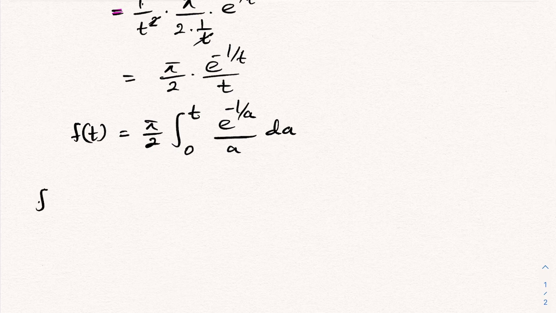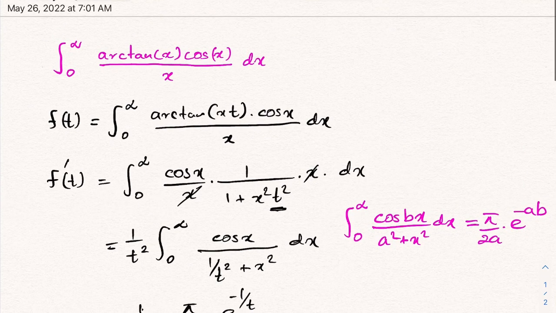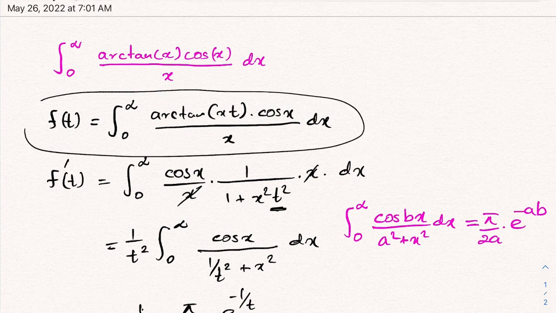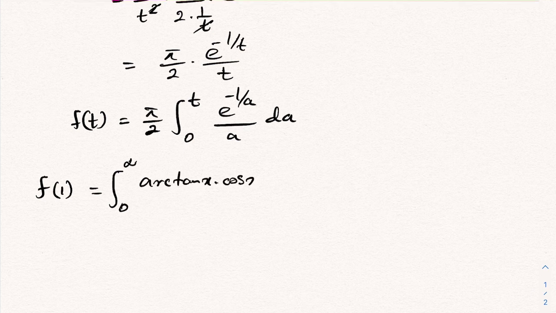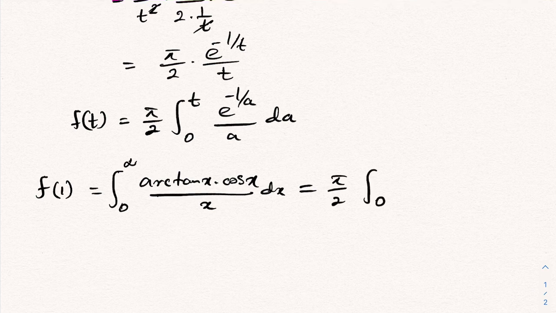Okay, let us plug in 1. So f of 1 is equal to our integral, the integral from 0 to infinity of arctan of x times cosine of x over x dx, and we know this is equal to pi over 2 times the integral from 0 to 1 of e to the minus 1 over a times dA.